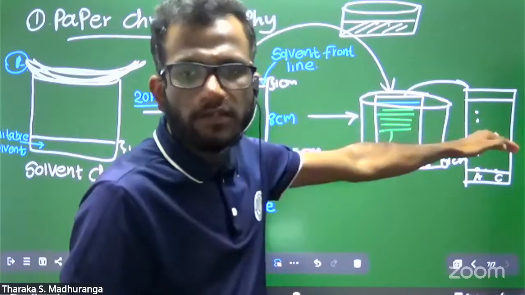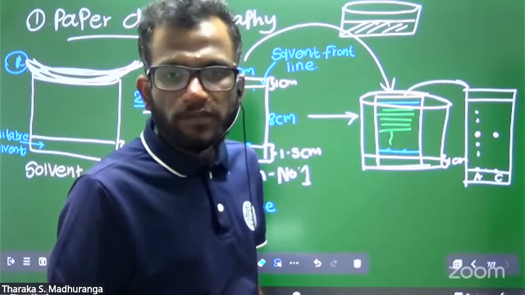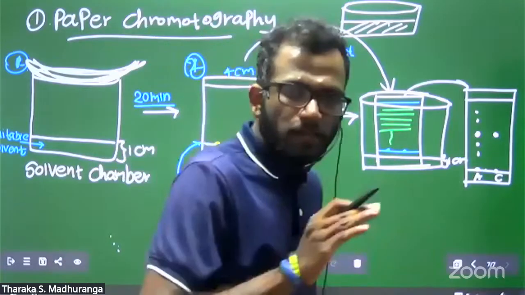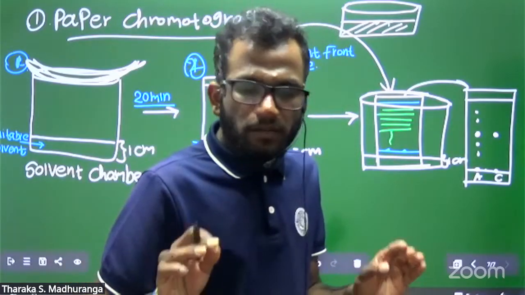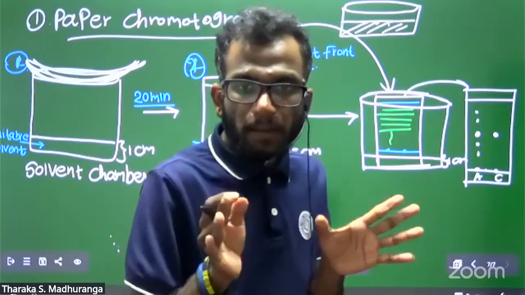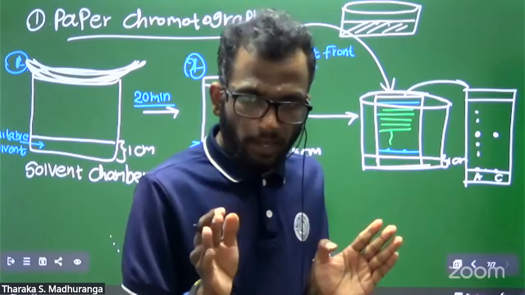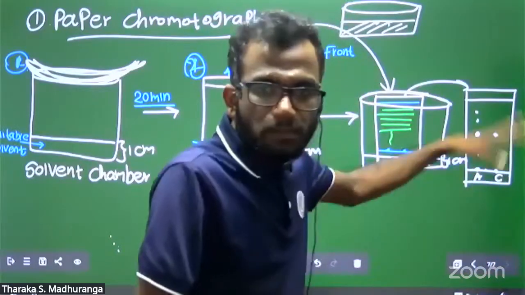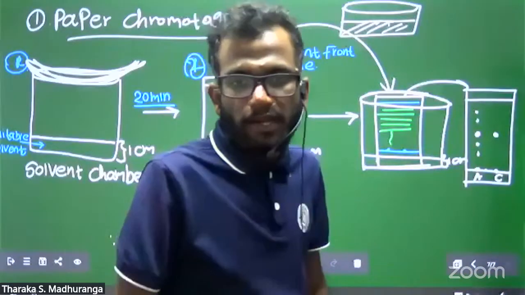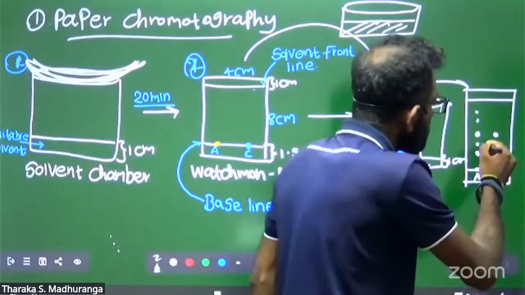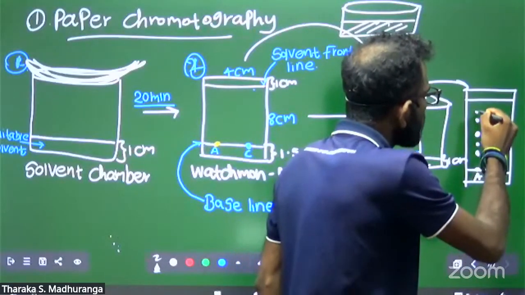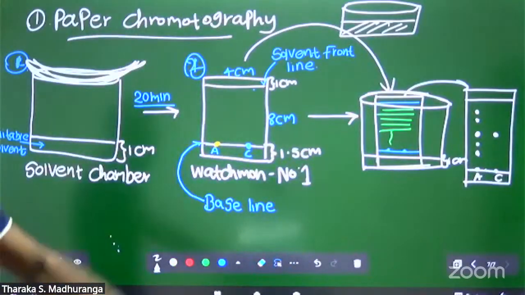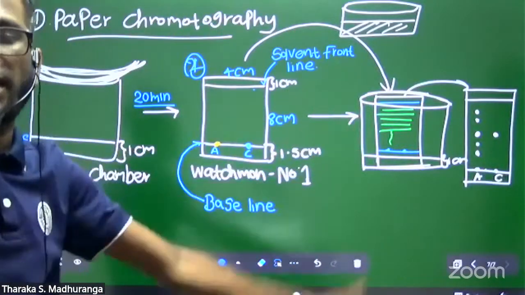Therefore, we can identify that the A sample contains cinnamaldehyde, and the other spots in the A sample are impurities. They are not cinnamaldehyde. We don't know what they are, but we can confirm it has cinnamaldehyde.